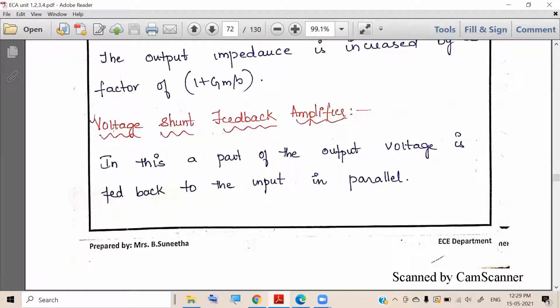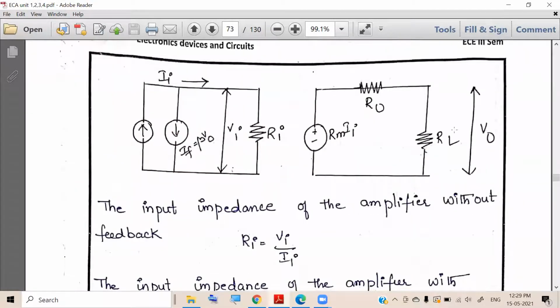So output we are representing in terms of voltage, and input in terms of current. Because input is represented in terms of current, the feedback signal is also represented in terms of current. Whatever input we are representing, the same we represent as the feedback signal.